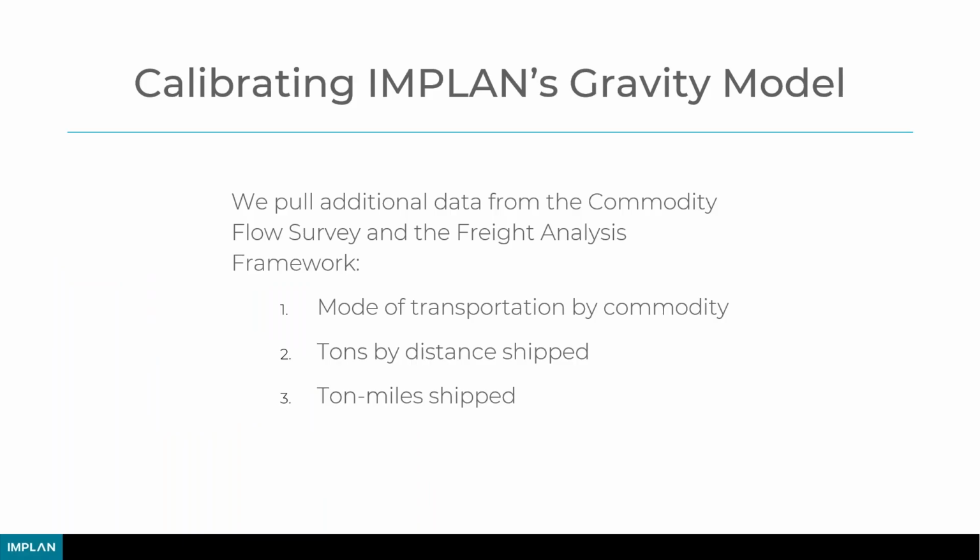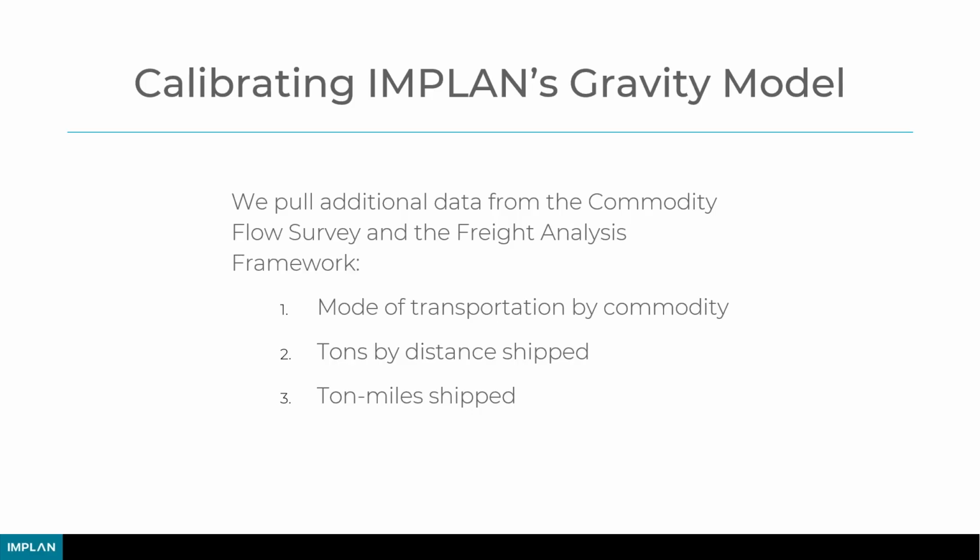So we pull additional data from the commodity flow survey as well as the freight analysis framework. One is on mode of transportation by commodity. The commodity flow survey and the freight analysis framework tables show the proportion of total commodity value, tons, ton miles that were transported by various transportation modes.